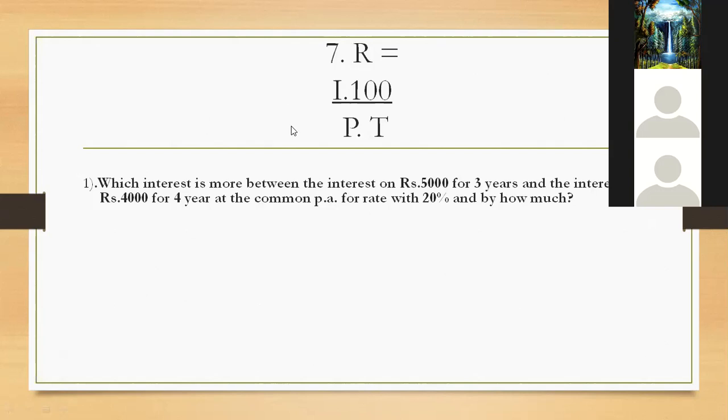Rupees 4,000 for 4 years is greater, by 200. Yes, sir, the first case is 3,000 and the second case is 3,200. Good. Who found it first? Many students have found it easily.